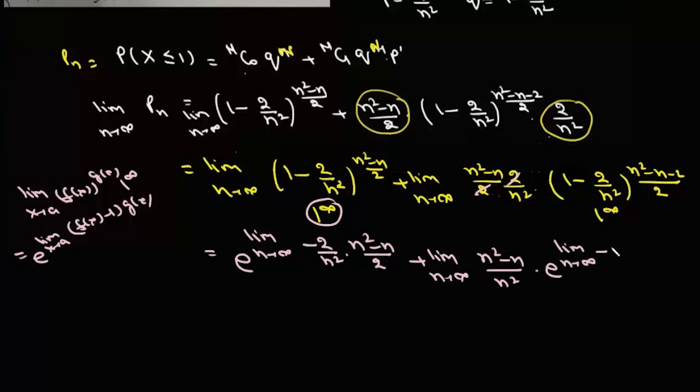Now this is f(x) minus 1, so it will be 2 upon n square, and this is n square minus n minus 2 upon 2.